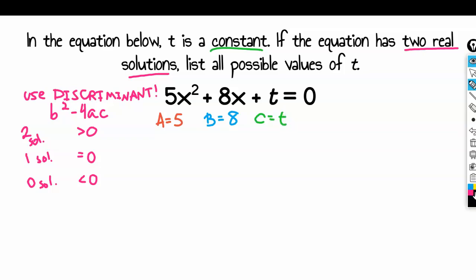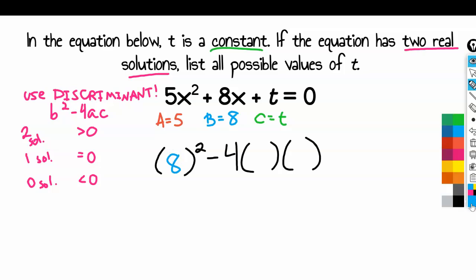Then I can plug this stuff into my formula for the discriminant. So for b squared minus 4ac, my b is 8. My a is 5. And then my c is t.